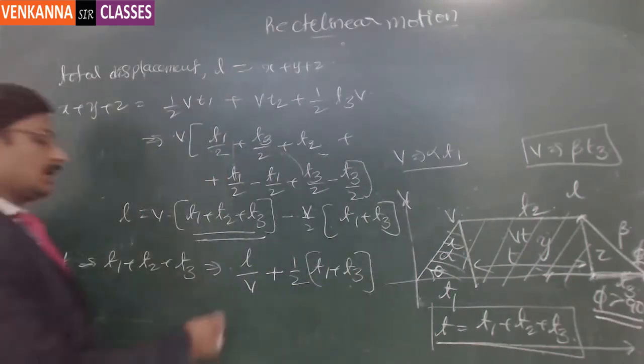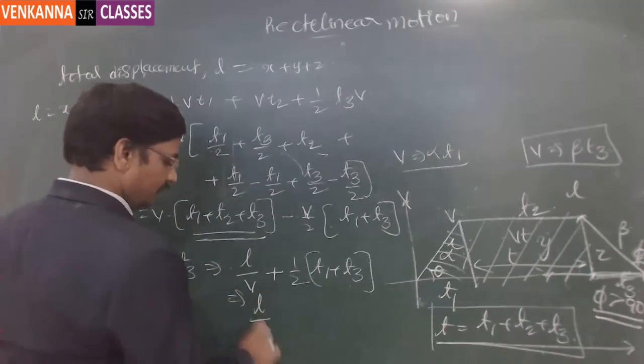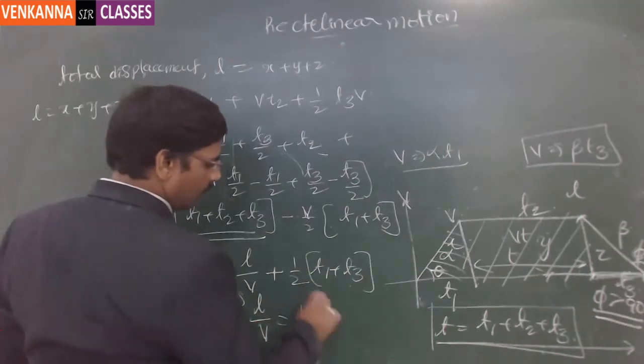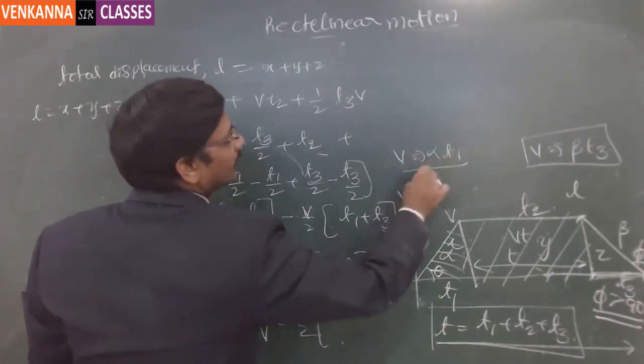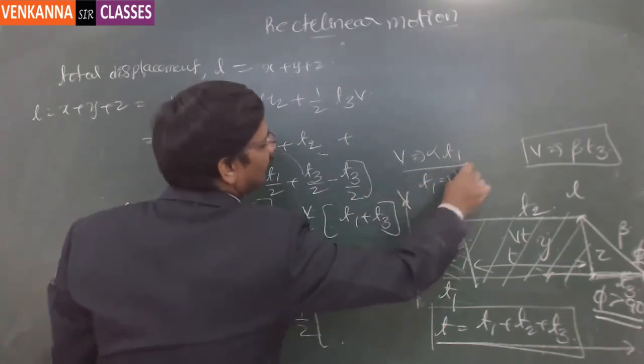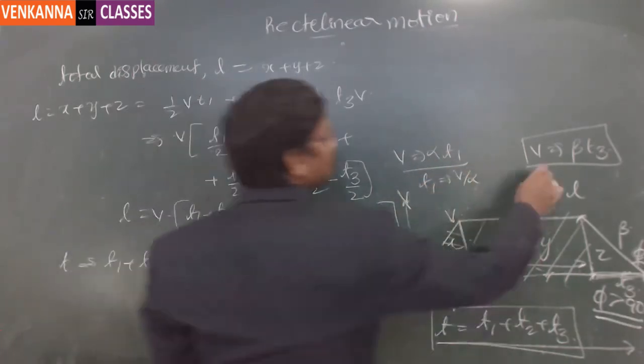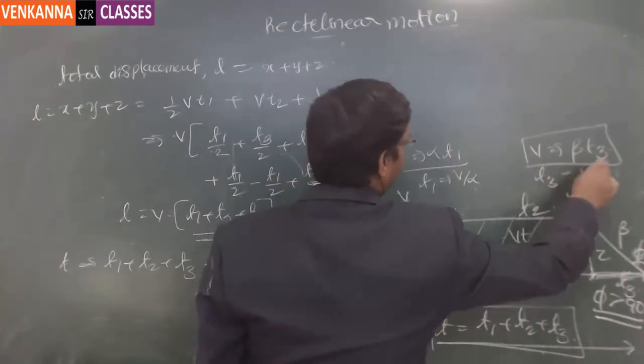This total time taken you can further simplify as L by v plus half of t1 plus t3. You can get it from this relation: t1 is equal to v by alpha and t3 is equal to v by beta.